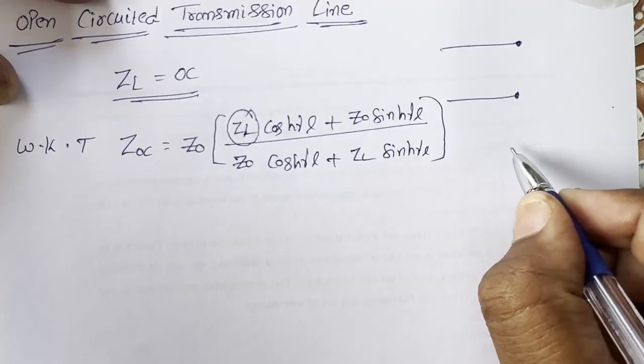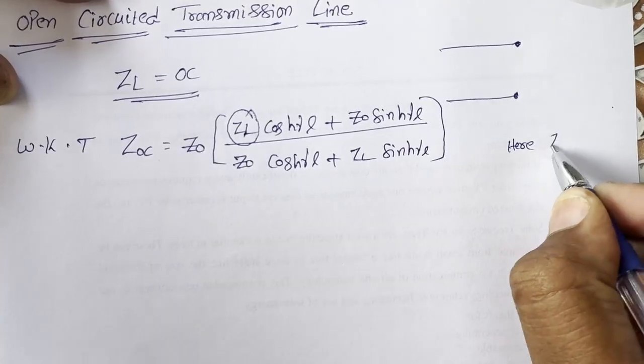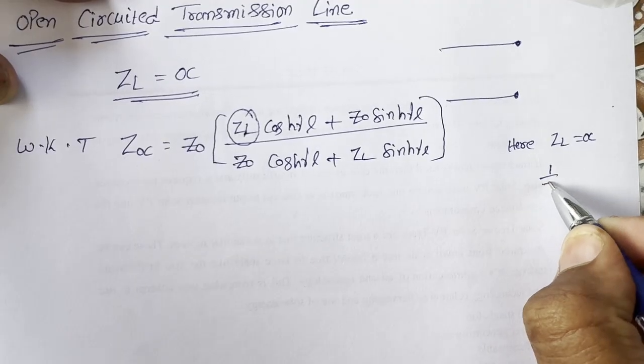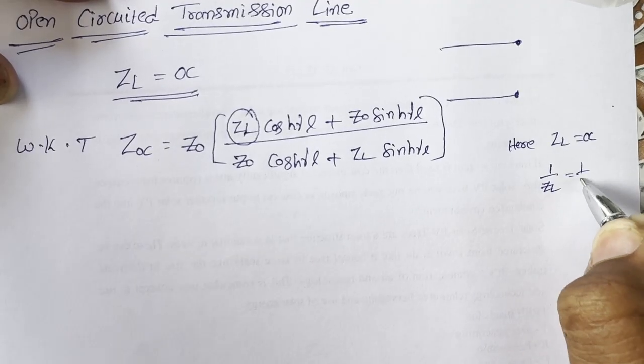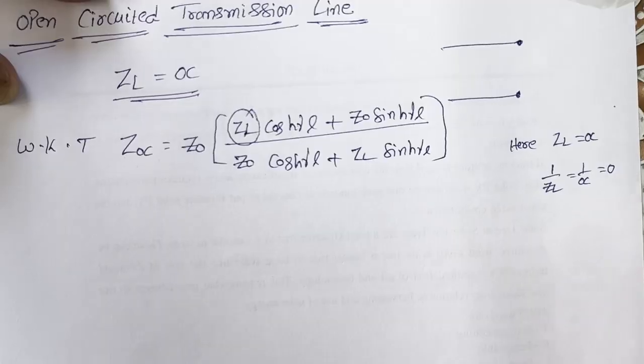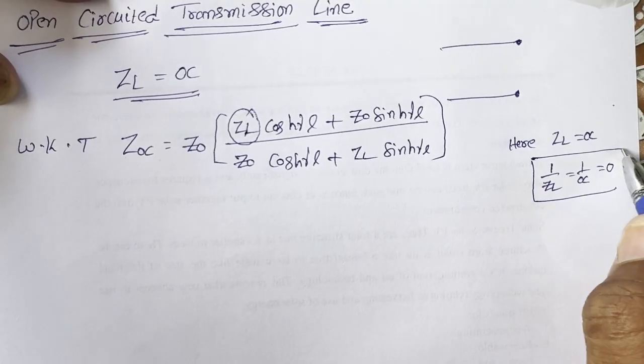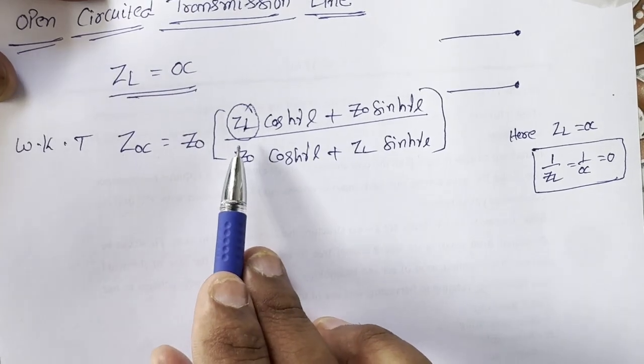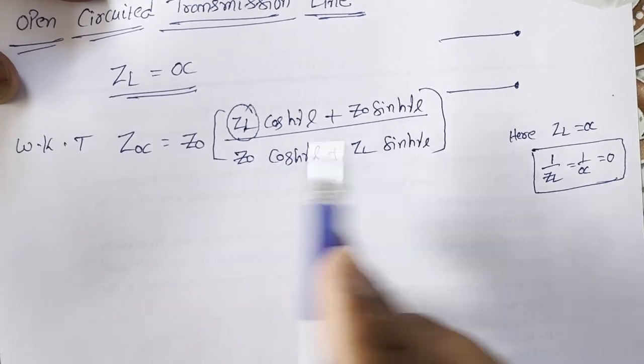That means here ZL is equal to infinity. 1 by ZL, that is 1 by infinity, will become 0. Now I am writing it in terms of 1 by ZL.